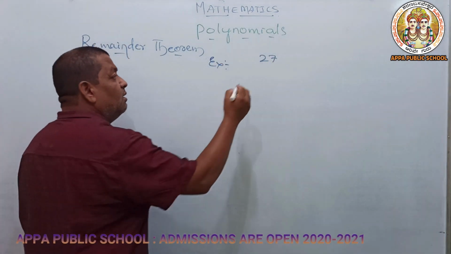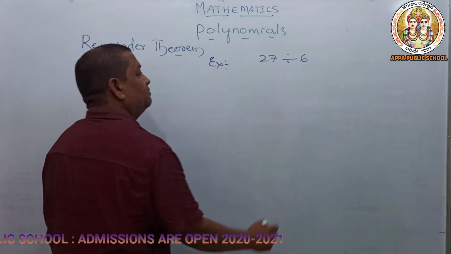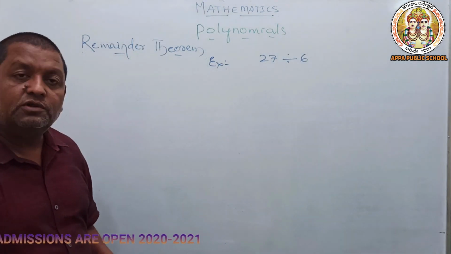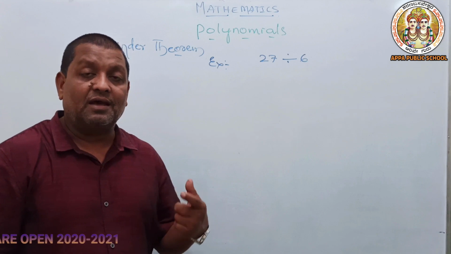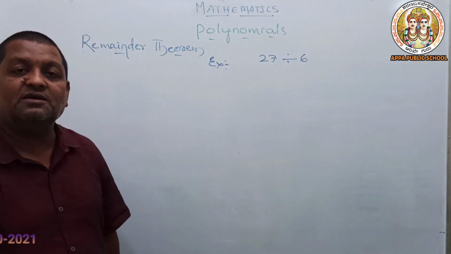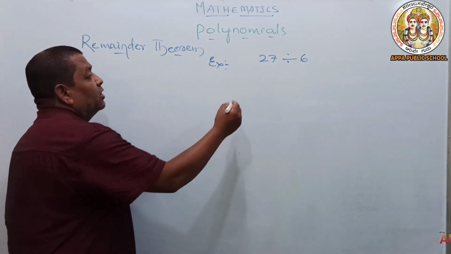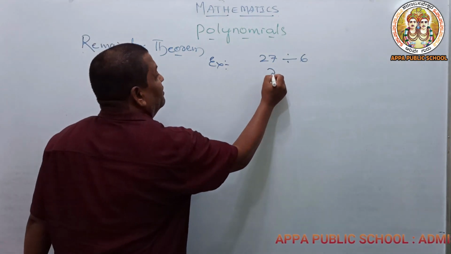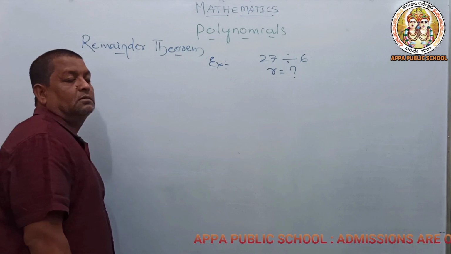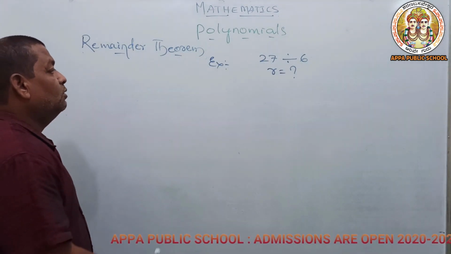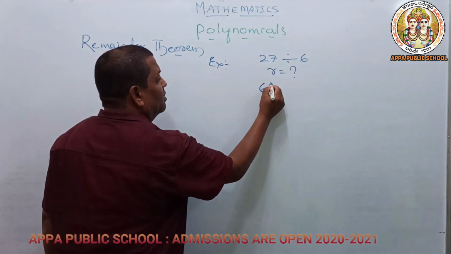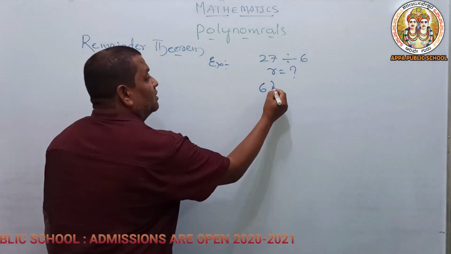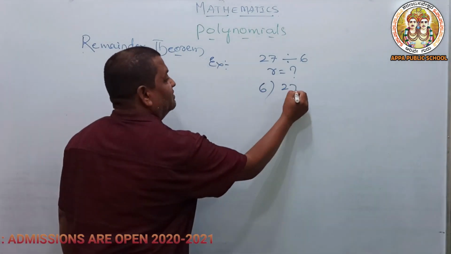27 divided by 6. Before going to the statement, we need to understand examples, then only we understand the statement very easily. Okay, 27 divided by 6, what is the remainder? What is the procedure? We know 6 dividing 27.